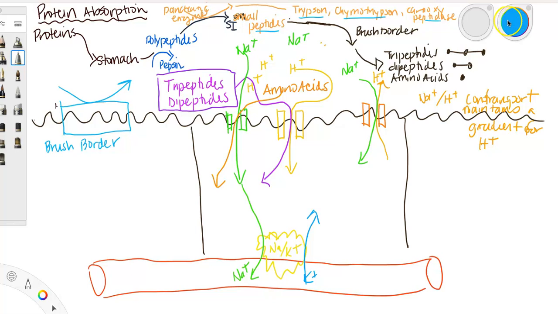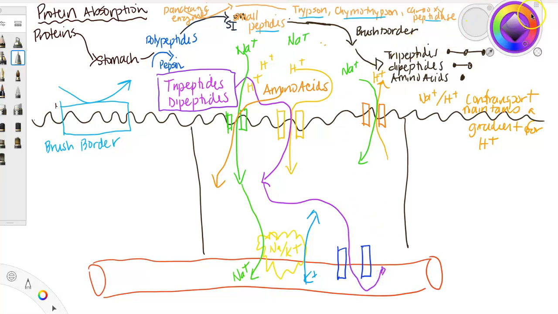All right, and then of course we have another transporter, make that a dark blue, on the basement membrane side of the cell, and that allows for the transfer of dipeptides and tripeptides and amino acids into the blood.